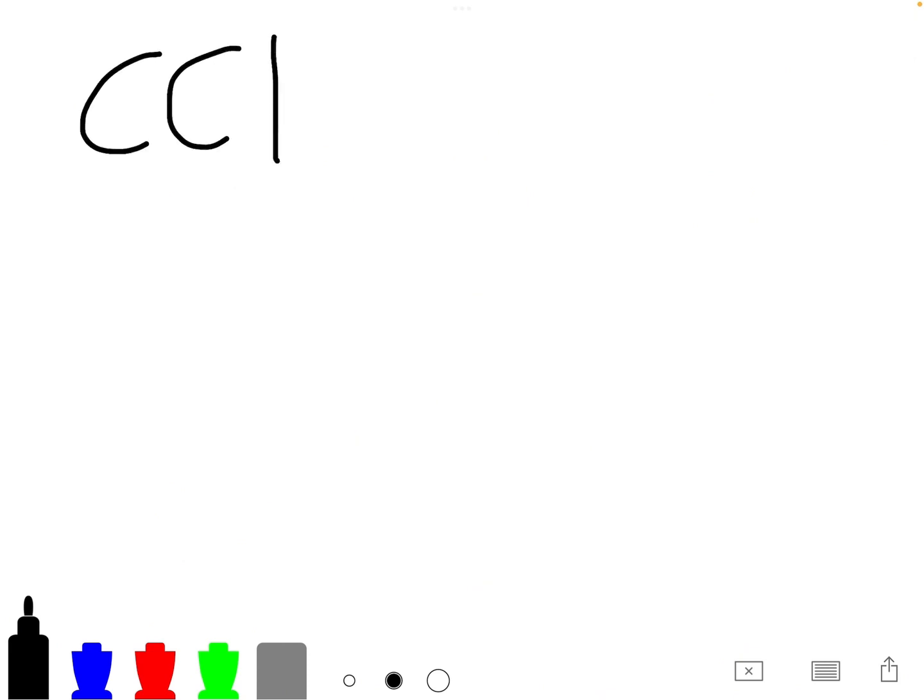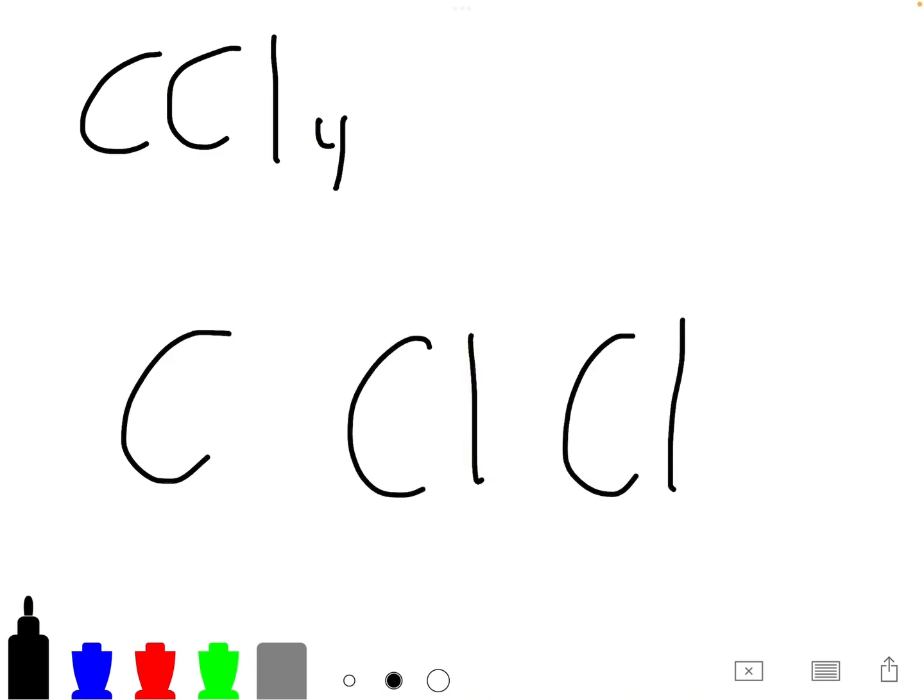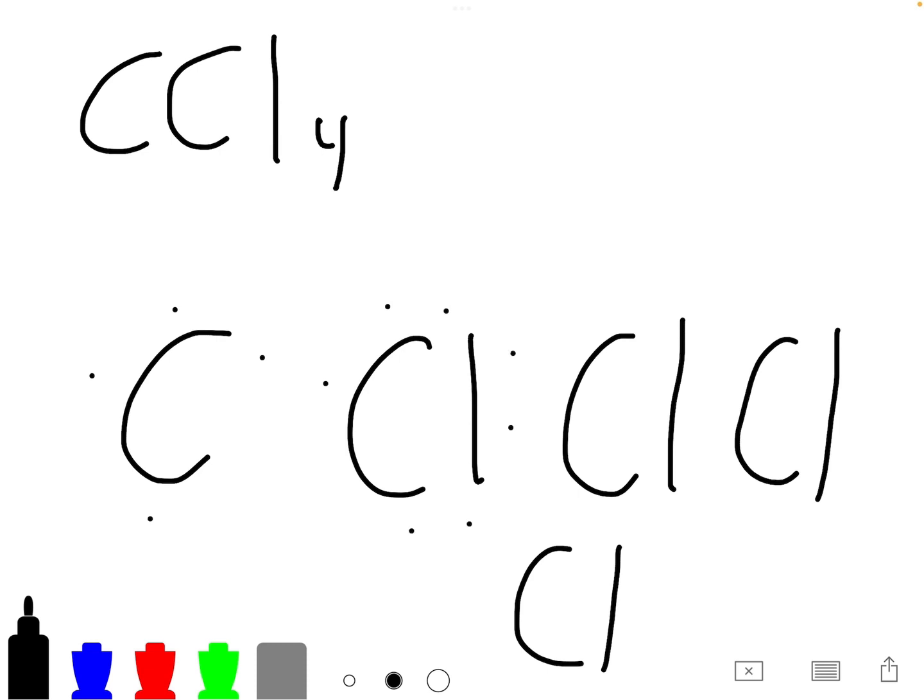CCl4. So we got 1 carbon and 4 chlorines. Carbon has 4 electrons, so it's 1, 2, 3, 4, and chlorine has 7. 1, 2, 3, 4, 5, 6, 7, and then the same for all of these other 4. It'll look the same.